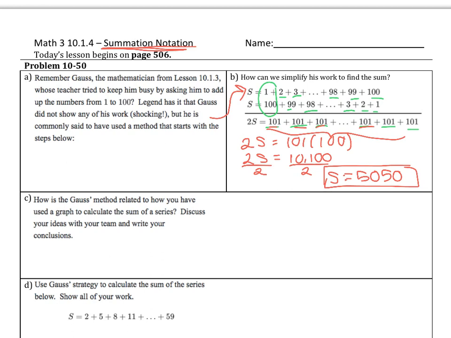So what I'm hoping you guys are picturing is the graph that we use that would have the sums next to each other. And then what we would do is split that in half and then rotate it onto itself to form this rectangle. What Gauss was doing was he was taking the series, so it would be this bar series that represented in the graph, and rather than cut it in half like we did, he would just put the entire thing right on top of itself, and it would be like this.